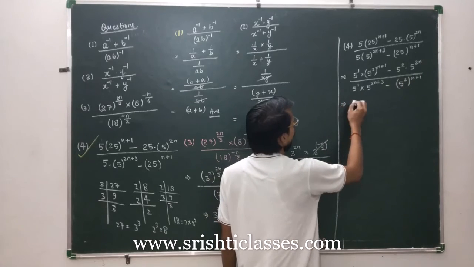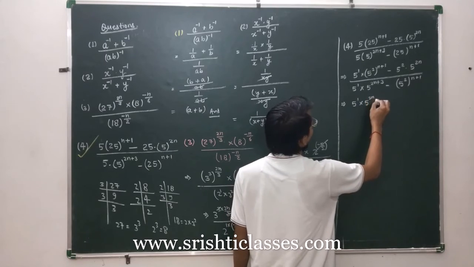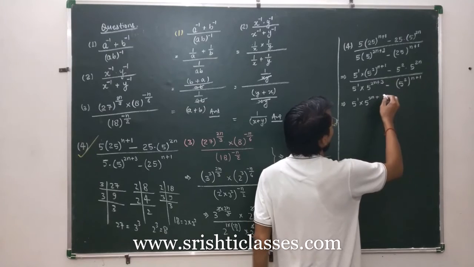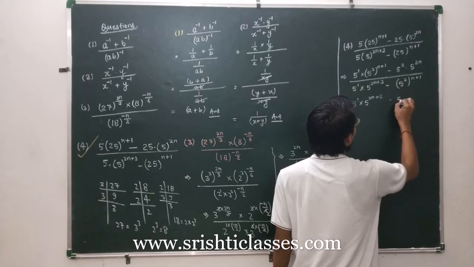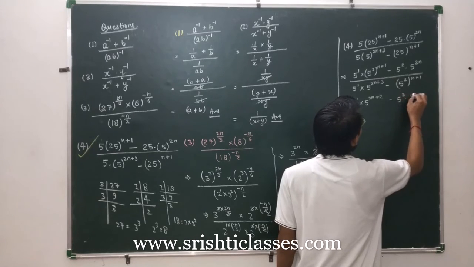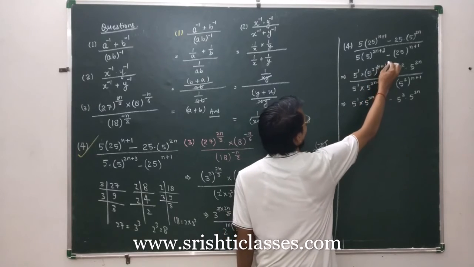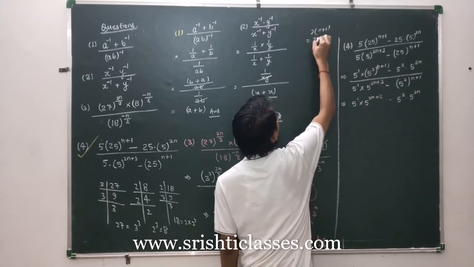So you get 5 to the power 1 into 5 to the power 2n plus 2 minus 5 to the power 2 into 5 to the power 2n. When you multiply 2 into n plus 1, you get 2n plus 2.